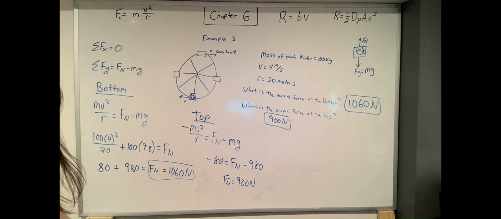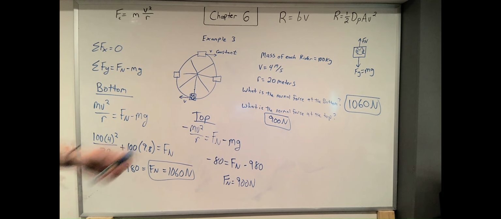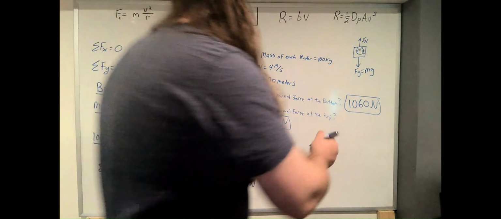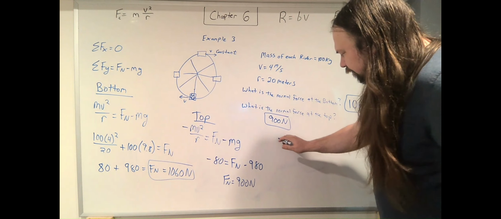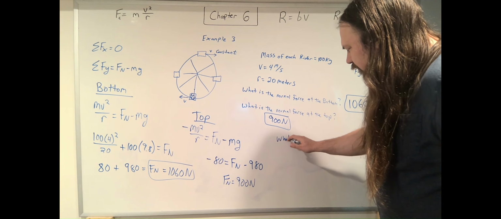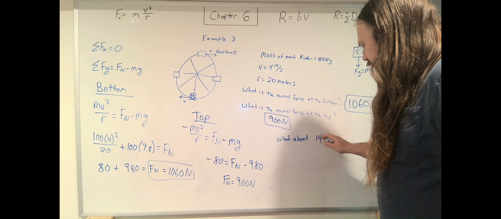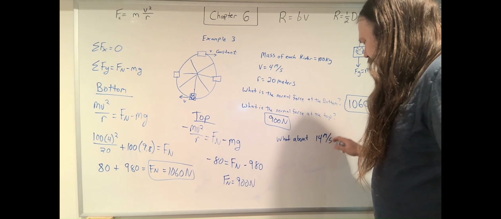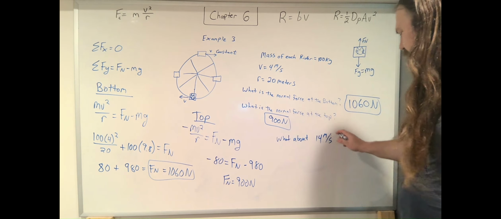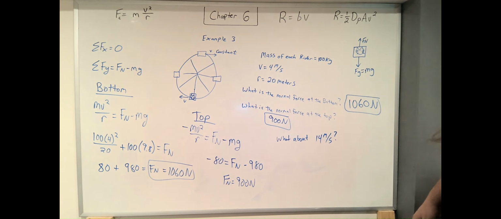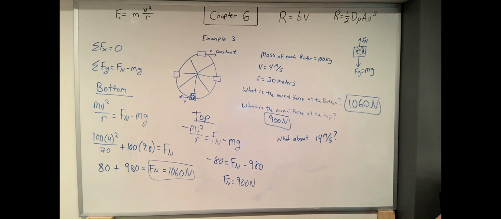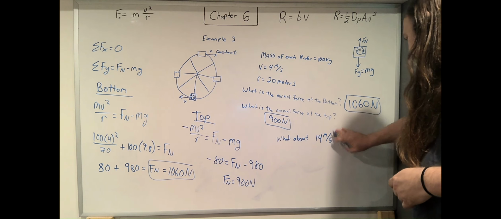So this one here, I'll write it over here in the corner, I guess. And what about 14 meters per second? Okay, here could be a part C. If the ride malfunctions and does 14 meters per second at the top.